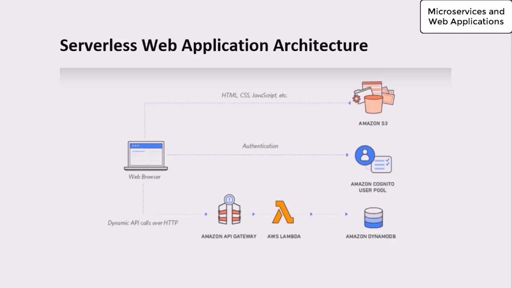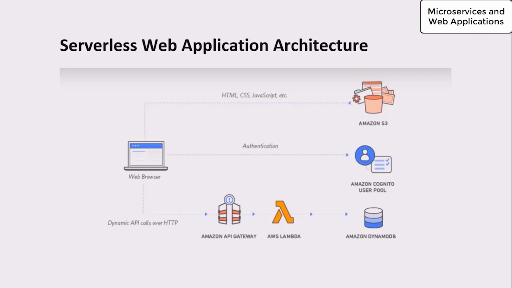Now here is the web application architecture that we are going to implement. We'll have a web browser which will hold the web app, and when a user tries to request a ride from that web application, it will get authenticated. The user needs to be present in the Cognito user pool.